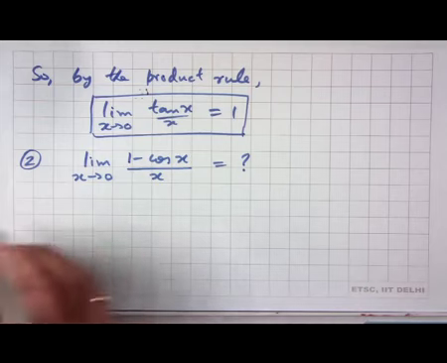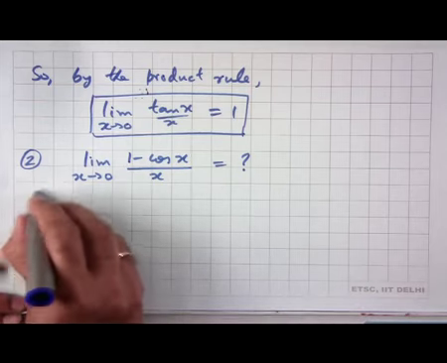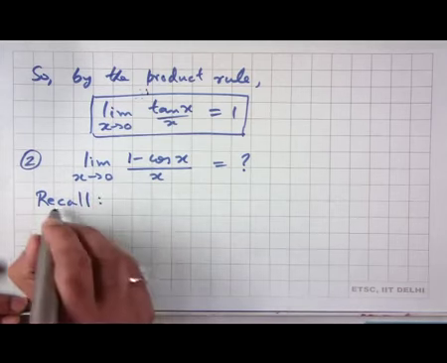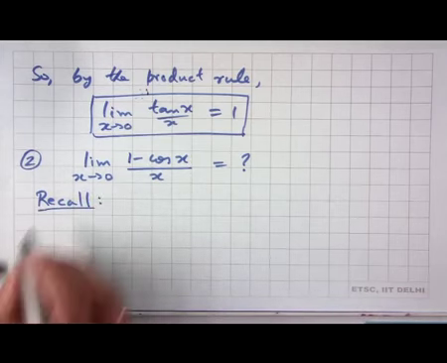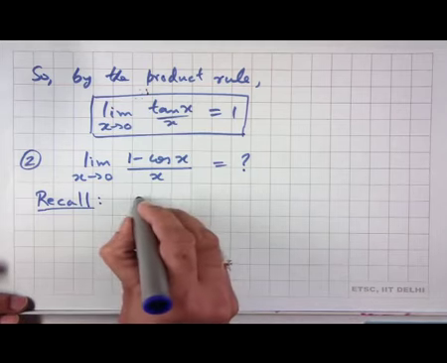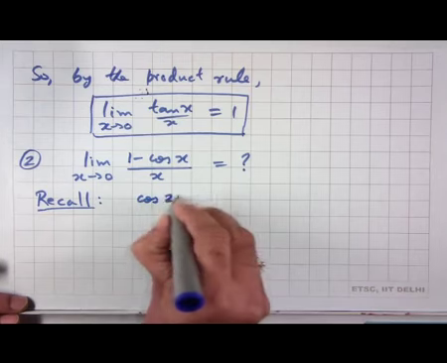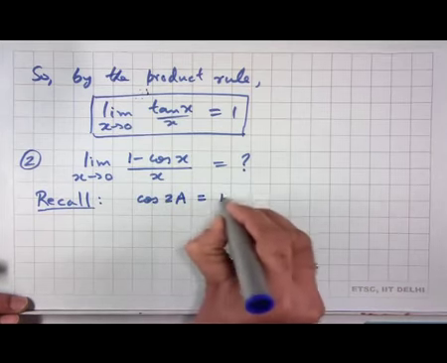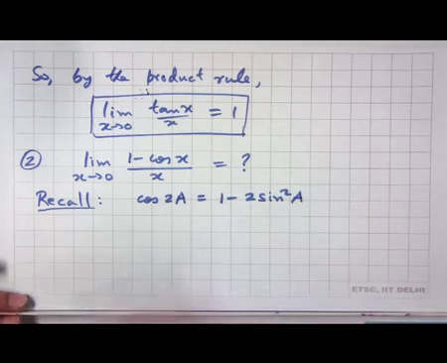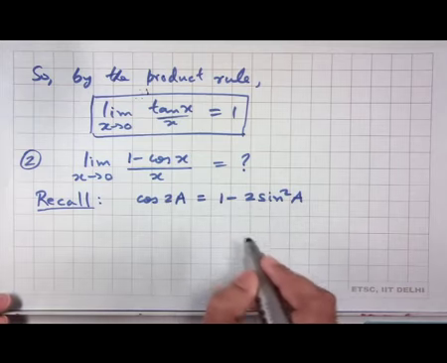So, recall from trigonometry, we can express cos of an angle in terms of sine of half of the angle, right. So, cos of 2a is equal to 1 minus 2 sine square a. Cos of 2a is cos square a minus sine square a, which is equal to 1 minus 2 sine square a.